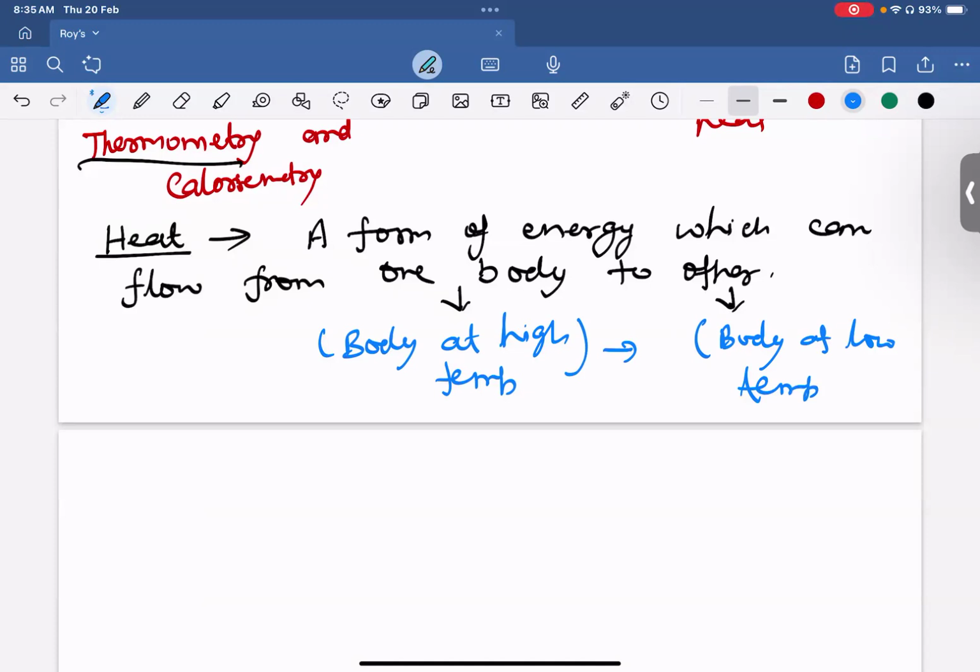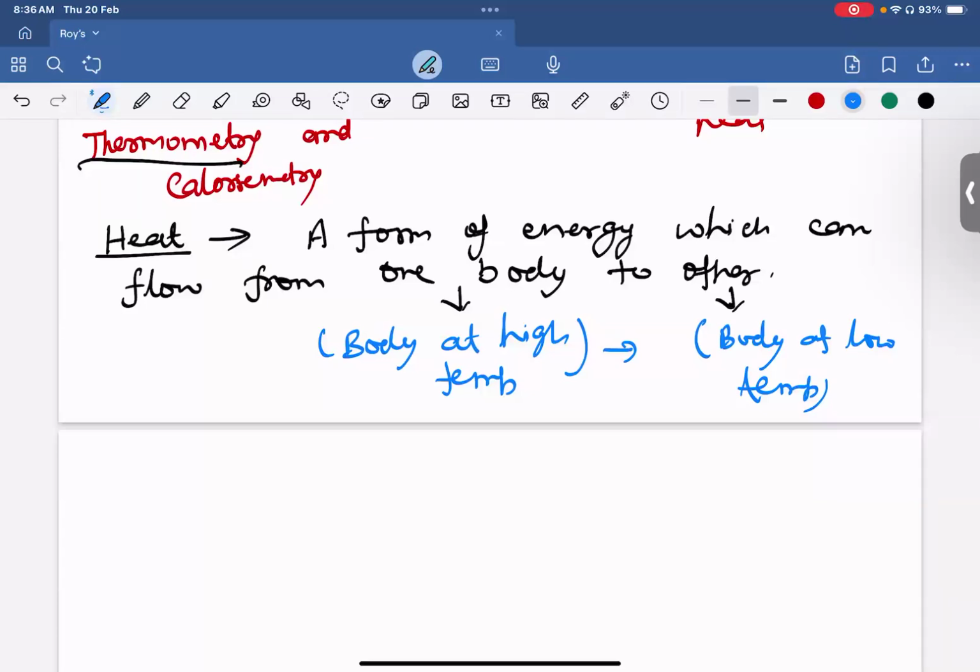That means temperature is that factor which decides in which direction heat is going to flow. So temperature is basically the physical factor which determines the direction of heat flow.